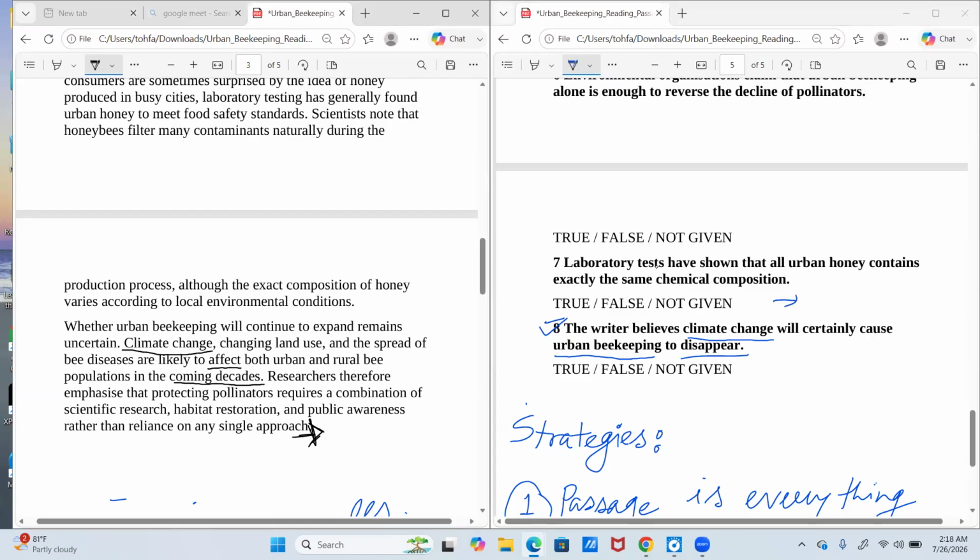But there is no mention of disappearance, or we can't answer just by reading the passage whether the bees would disappear because of climate change or not. As we can't answer this question whether it's true or false by reading the passage, therefore the answer here is not given, which means it is not mentioned in our passage.